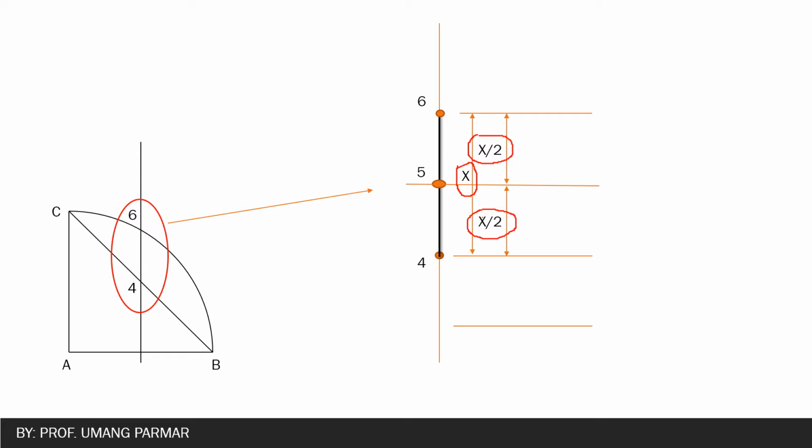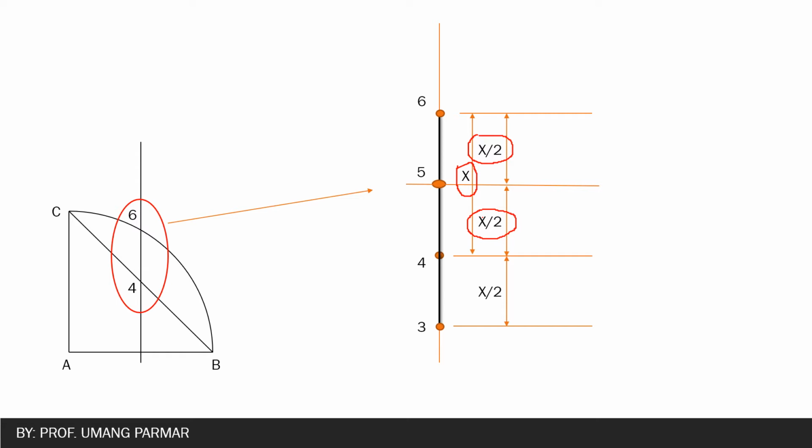5 to 6, the distance will be x by 2. Whatever the distance of 6 to 4, we are just finding out the middle point. Same way, on the same vertical line, in future we will have the downside point, which has the same dimension, and we will name it point number 3.